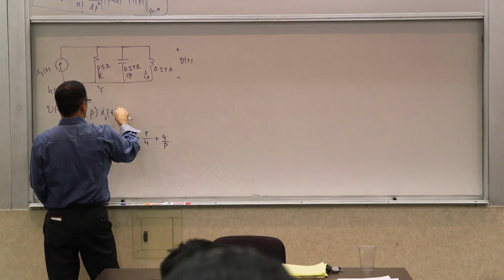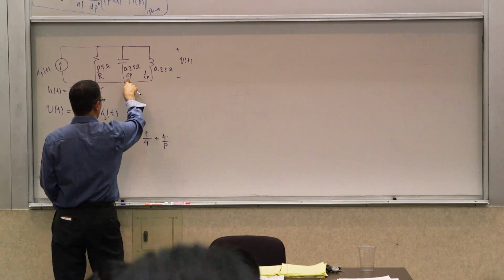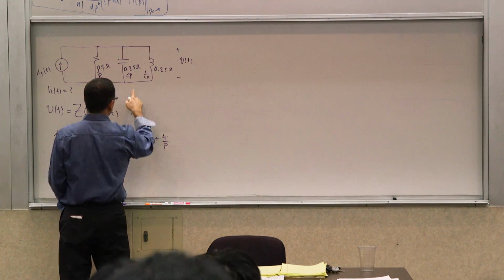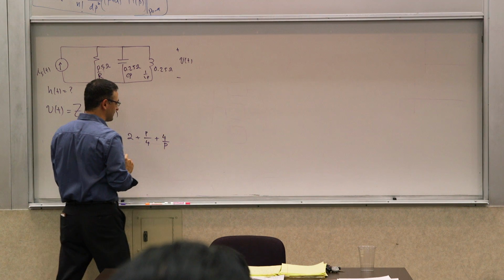Think about this. This is 1 over R. This is Cp, right? 1/4 of p. And then this is 1 over Lp, which is 4 over p.